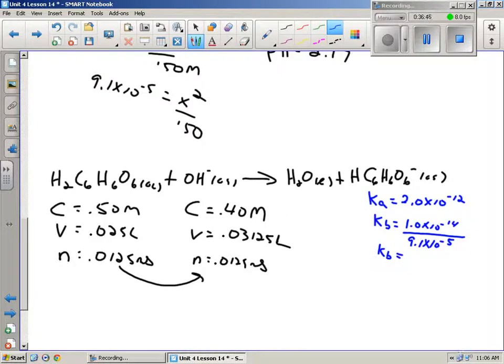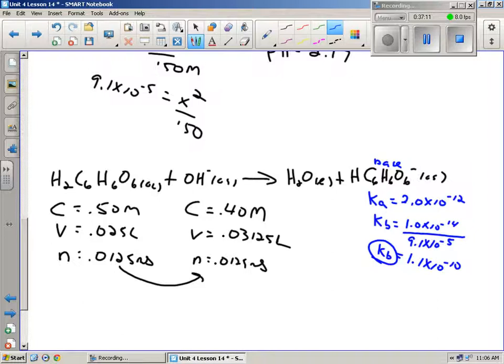Sorry, 1.0 times 10 to the negative 14, I'll just double check here, divided by 9.1 times 10 to the negative 5. Yeah, 1.1 times 10 to the negative 10. Not by much, but it is. So, Kb is bigger. So this is acting as a base, yes?